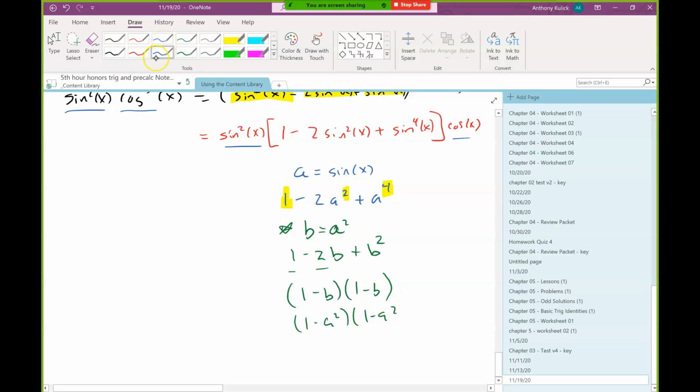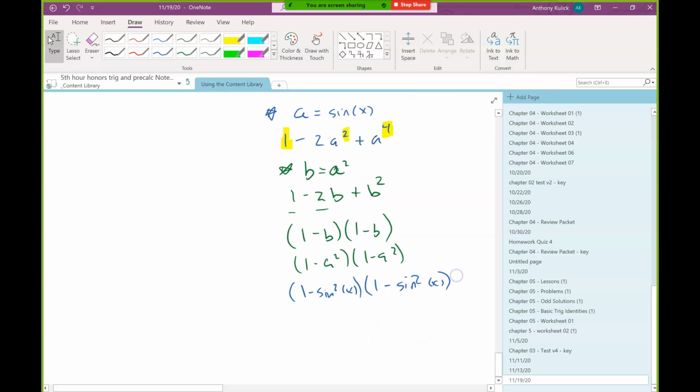But we really don't want a's in this either. We're trying to have just x's. Well, I know that a is equal to sine x, so I have 1 minus sine squared x, and then 1 minus sine squared x, and that's really what I want. So if I rewrite this, then I have sine squared times 1 minus sine squared x, 1 minus sine squared x times cosine x.